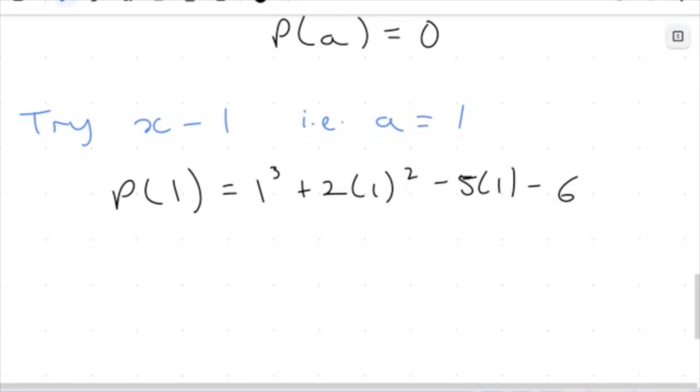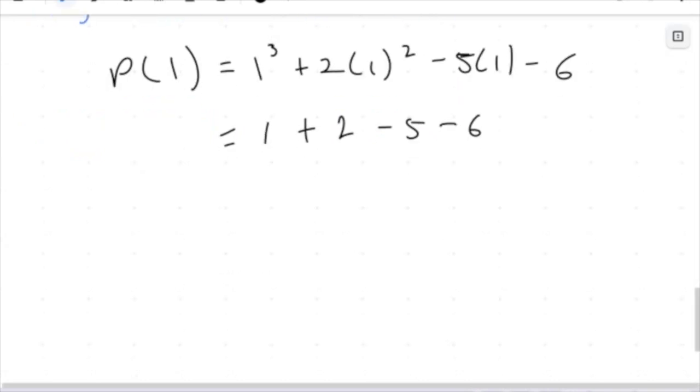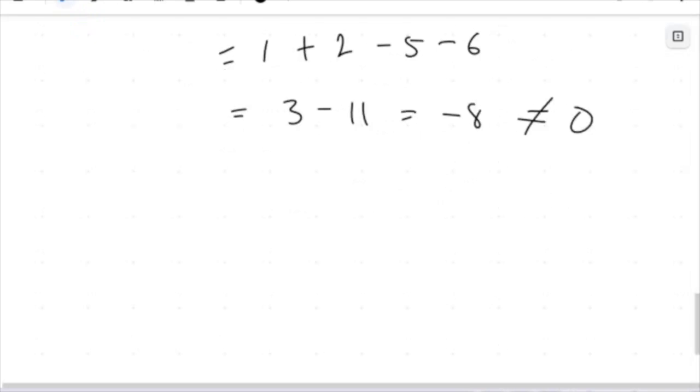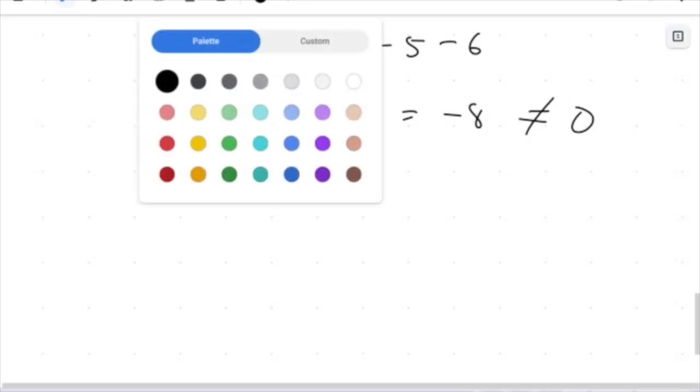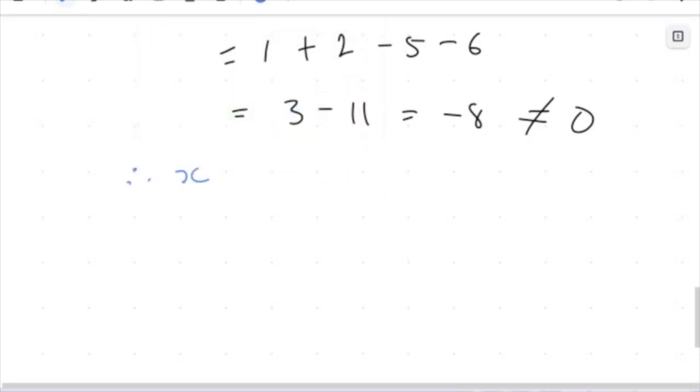Okay, and once we get that, you guys can pop it into your calculators, but we have 1 plus 2 minus 5 minus 6, and we can pretty easily see here this is 3 minus 11, and we can immediately say that this does not equal 0. Therefore x minus 1 is not a factor, because when you substitute this a in, you do not get 0. You get a non-zero number of negative 8.